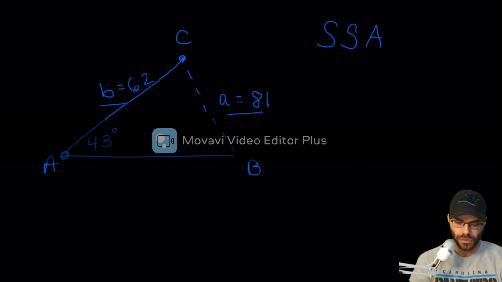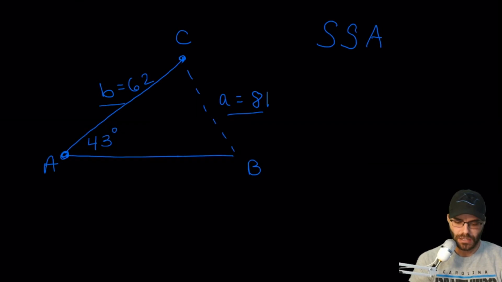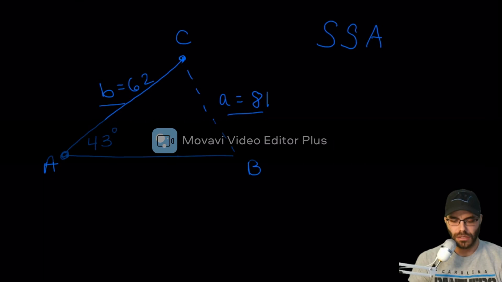Okay, so if I draw a segment from vertex C perpendicular to side C, and I label that H, well, let's find out what H is.